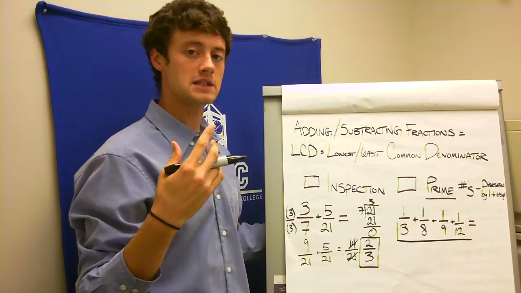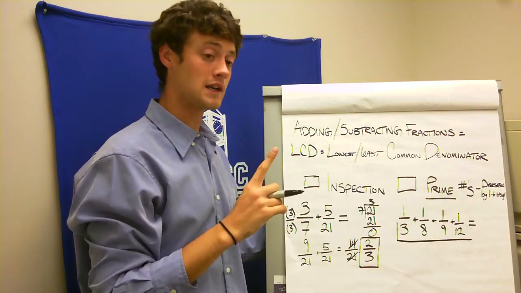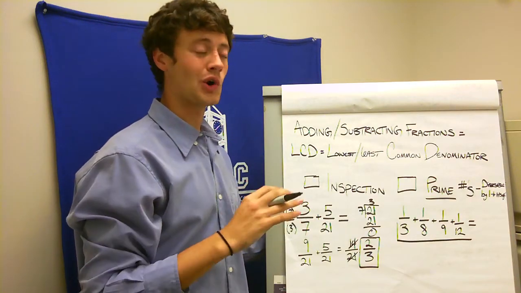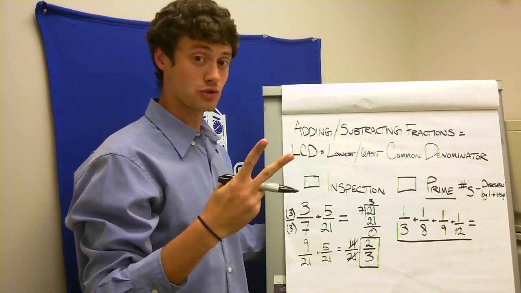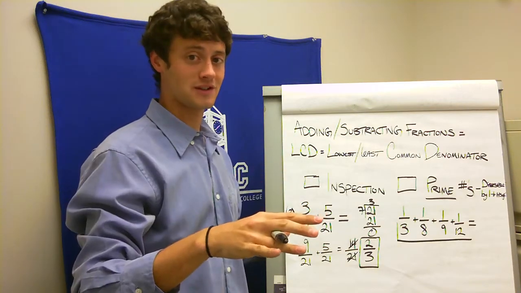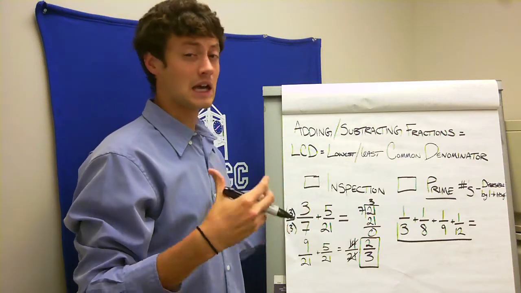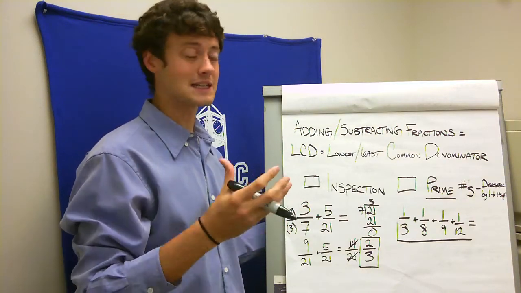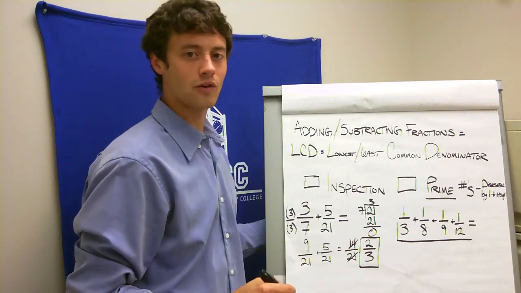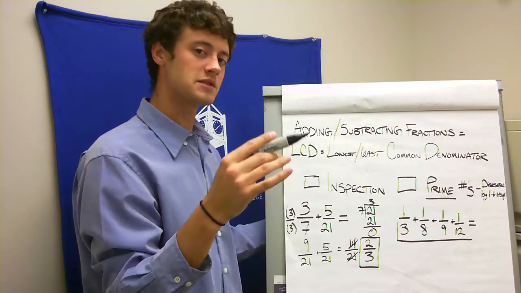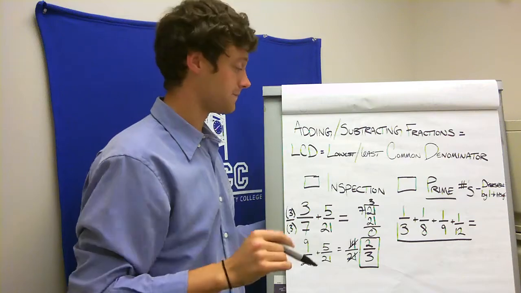A prime number is a number that's divisible by 1 and itself only. So basically after 2, the evens are out. So prime numbers are 2, 3, 5, 7, 11, 13, 17, 19, and so on and so forth, because they're only divisible by themselves and 1.